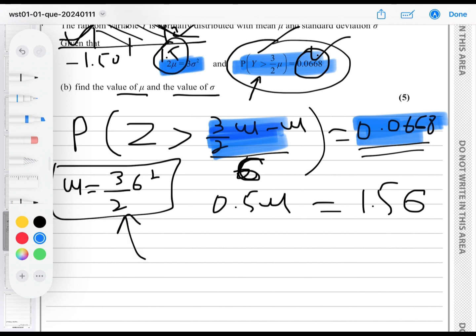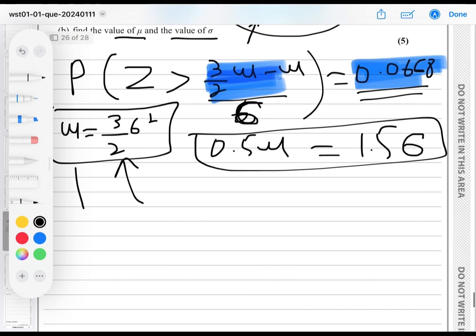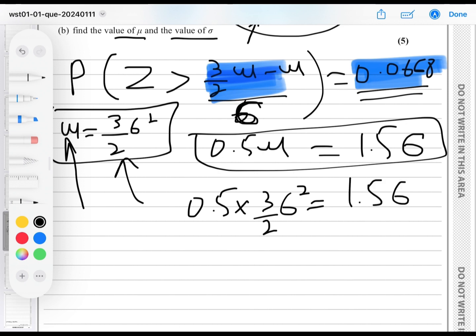This was the first equation, and this is the second equation which I got. Now mu is already the subject here, so I'll replace it using the substitution method in this equation. 3 upon 2 variance equals 1.5, that's one, and I'll cancel them. So 0.5 upon 1, sorry.